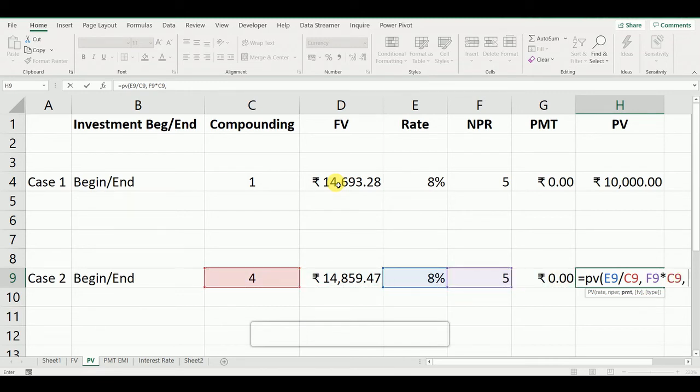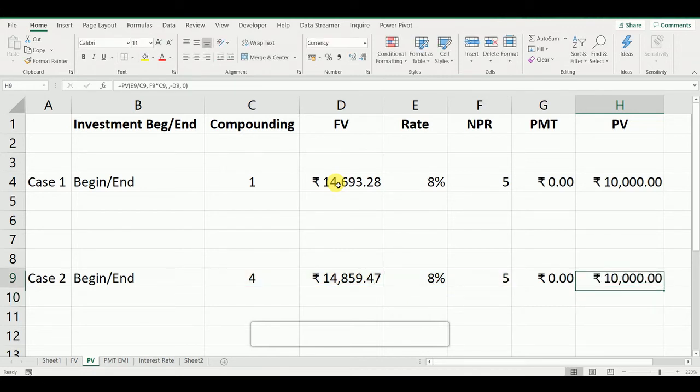Now PMT is 0, so we will leave it blank. Now FV minus this amount, and here either 0 or 1. So here also we are getting this present value.